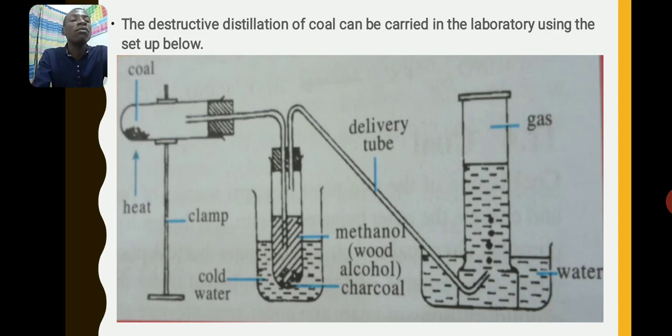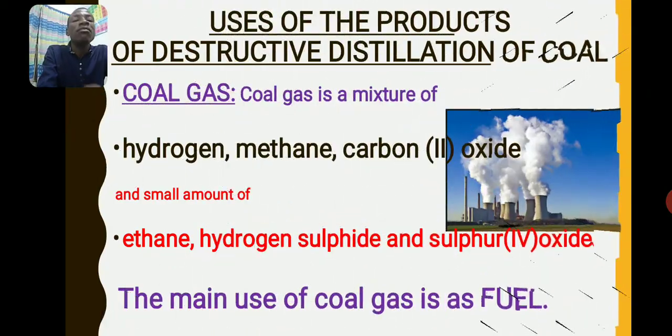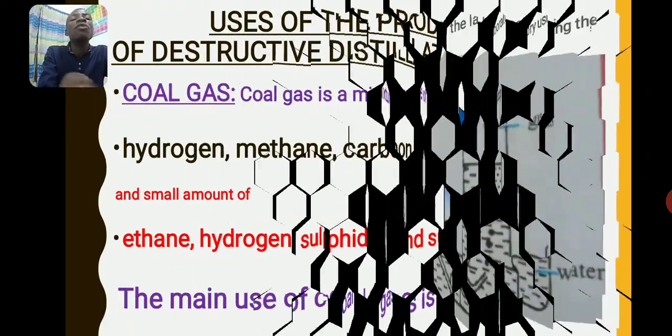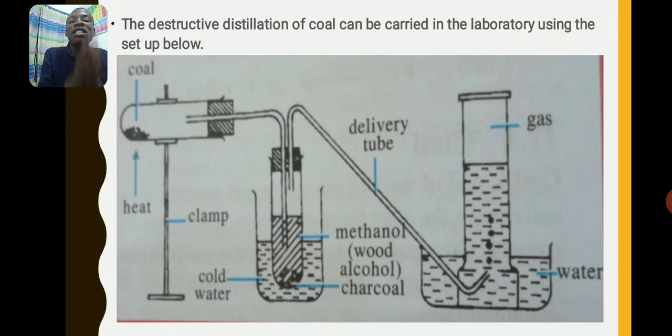This coal in particular, when it's being distilled, the coke part of it is a solid, so it's a solid residue, whereas the other parts are volatile residue.